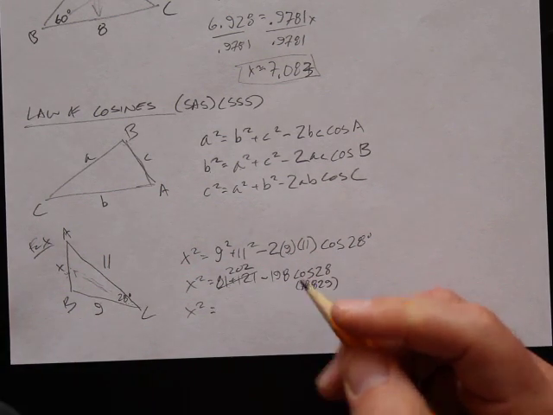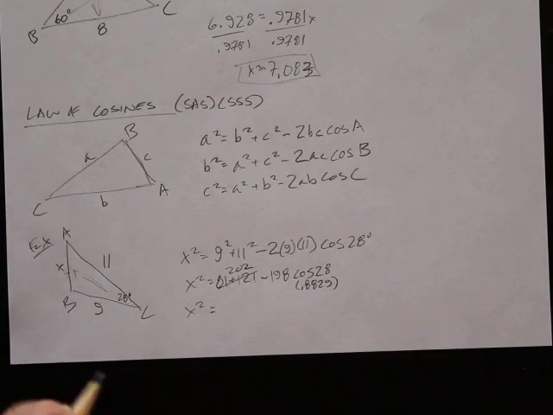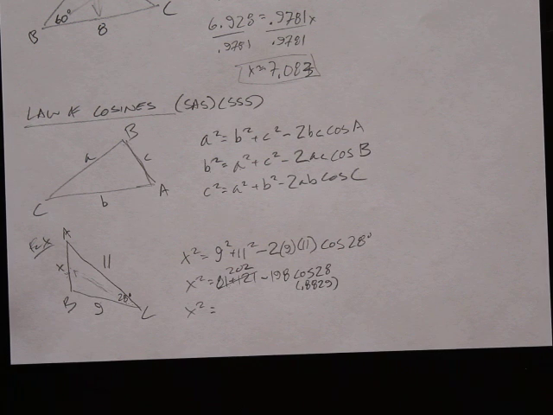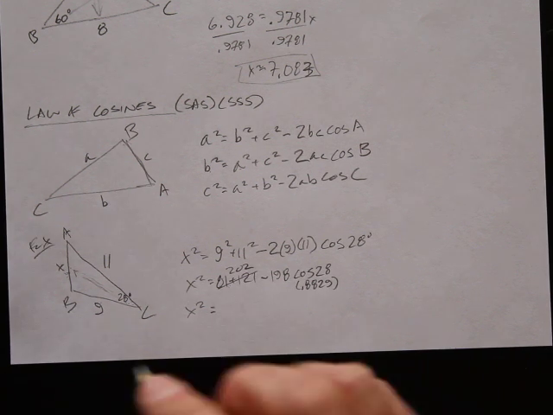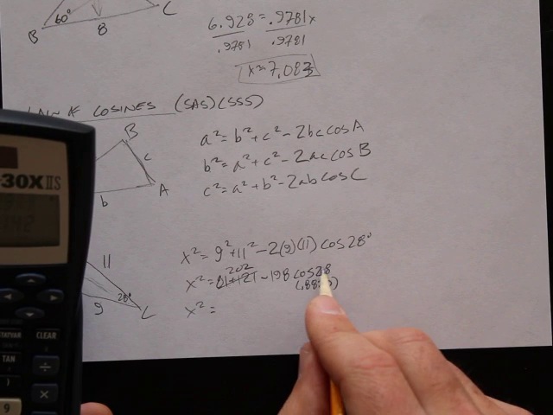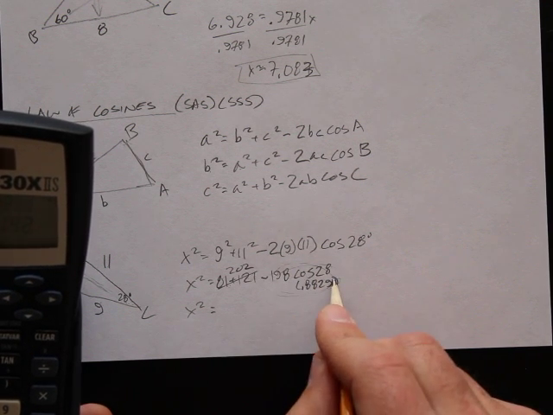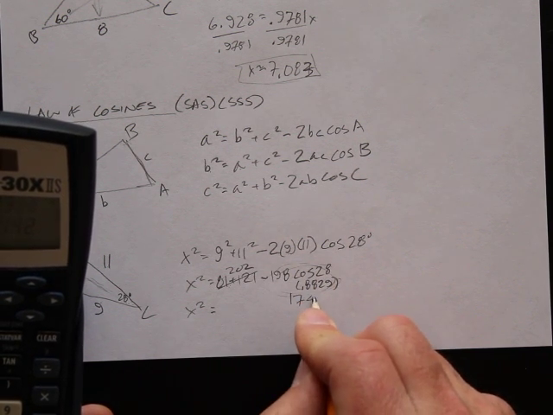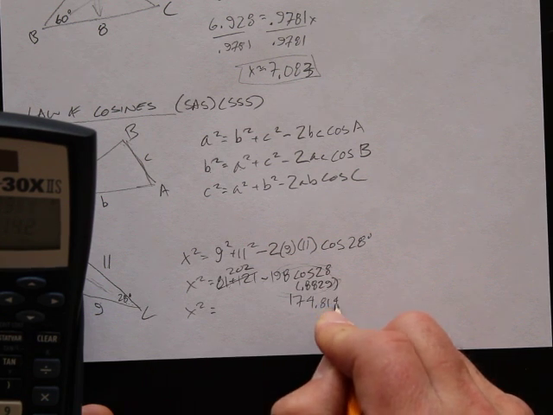oh, did I do something wrong? Let's try this again. Cosine of 28, yep, okay, so I'm going to say 198 times 0.8829, oh, there we go. When I multiply this together, I get 174.8142.